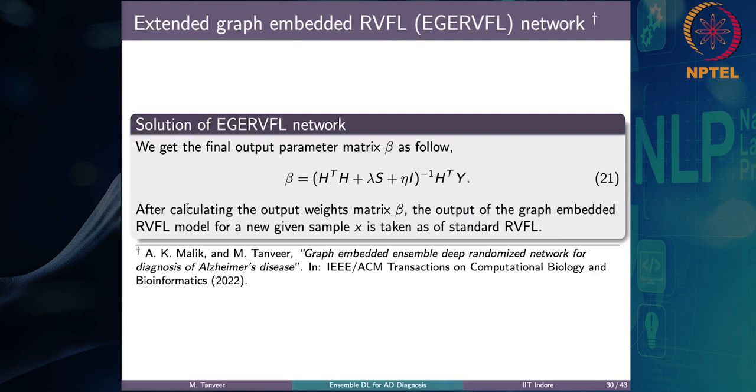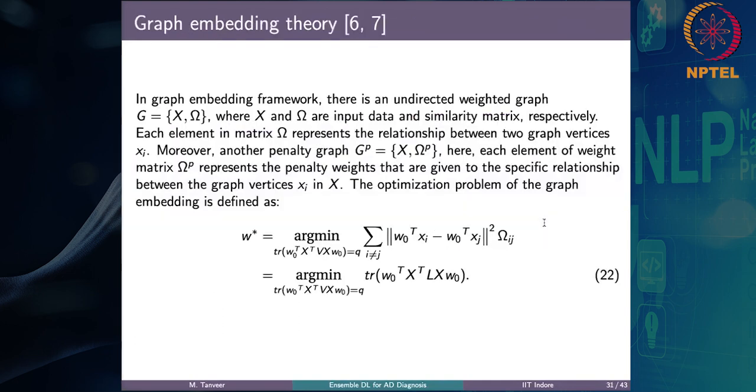So after calculating this beta, that is H transpose H plus lambda S plus eta I inverse H transpose Y, the output of the graph embedded model for new samples is taken similar to the standard RVFL model. So now in the graph embedding framework, there is an undirected weighted graph, that is G, where X and sigma are the input data and similarity matrix respectively.